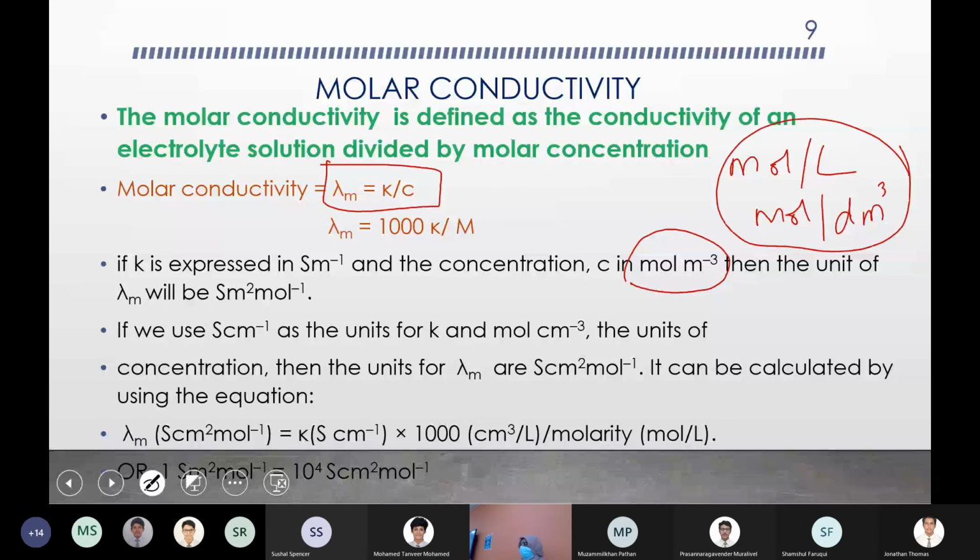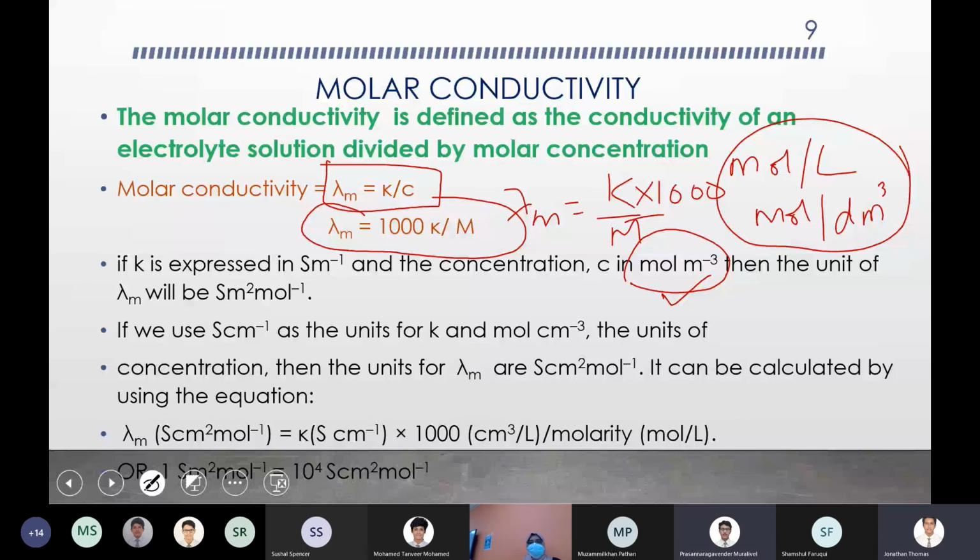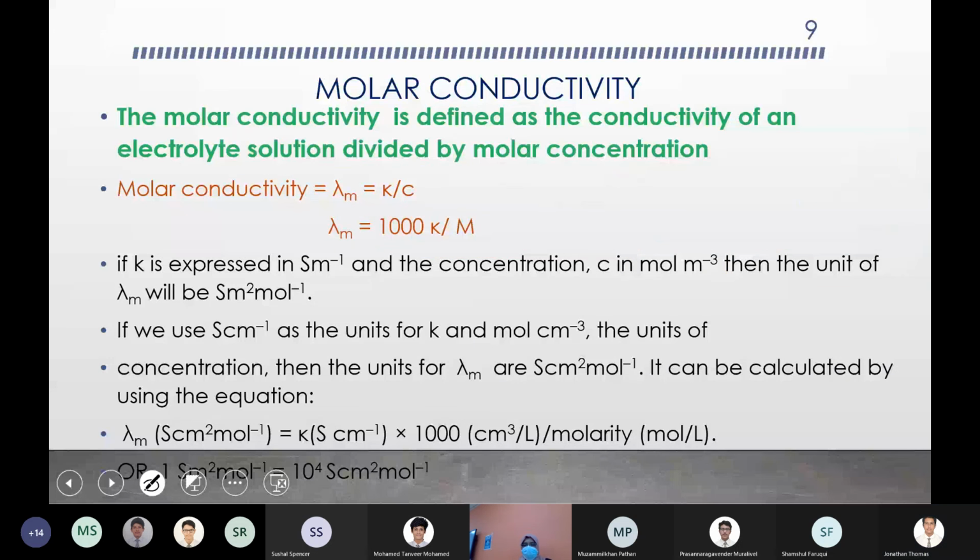But here we are using moles per meter cube for this kind of calculation. That is the reason why instead of writing lambda m is equal to K by M, it should be M divided by 1,000 because it's in meter cube. That 1,000 will come in numerator. And that is why the new equation is lambda m is equal to 1,000 K by M. So in that equation, everything is in meters? Yeah, meter cube, for the molarity, I mean the concentration.